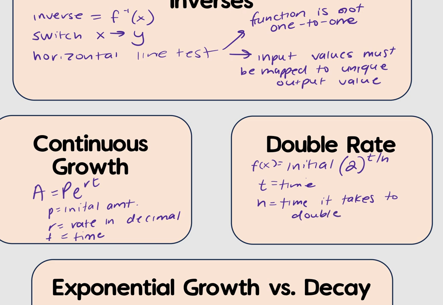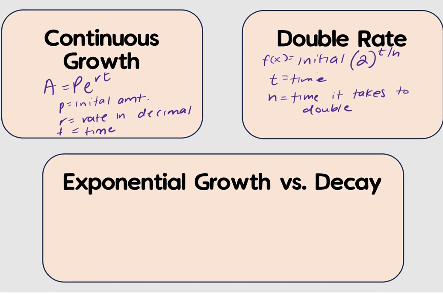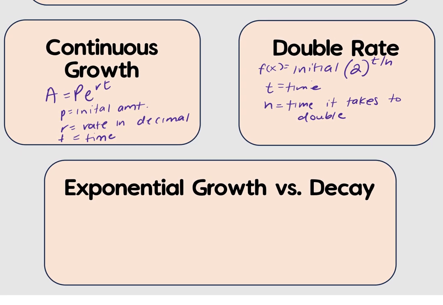So if it said the population will double in 3 years, then n is 3. T is how many years are in there, and n is how many years it would take to double.